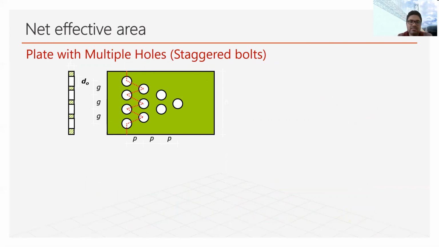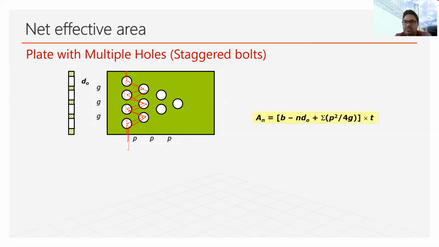Like in this case, you can see there are some bolts which are arranged in a staggered manner. So there may be a net cross sectional area along this line or maybe along this line, like you can see in this case. So now how do we find out the cross sectional area if there are inclined planes?